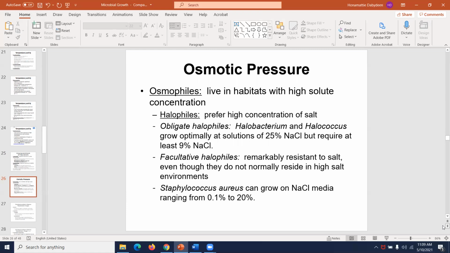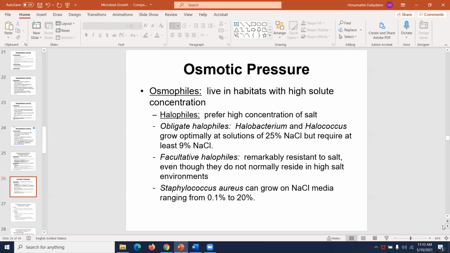We will talk a little bit about Staph aureus in our lab. Well, not just Staph aureus, but all staph species. We will cultivate them on what we call mannitol salt agar plate. And they grow very well on the mannitol salt, which is about 7.5% sodium chloride. So if we increase the amount of salt in a medium, to a point, we can actually prevent other organisms from growing and allow only the ones that are halophiles, the ones that like the salt, to grow.